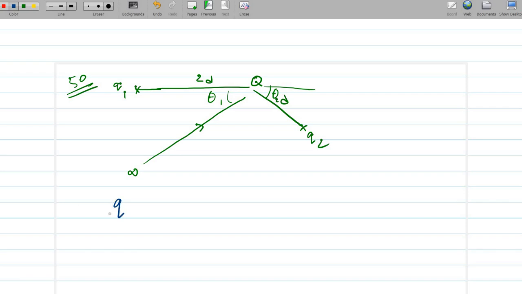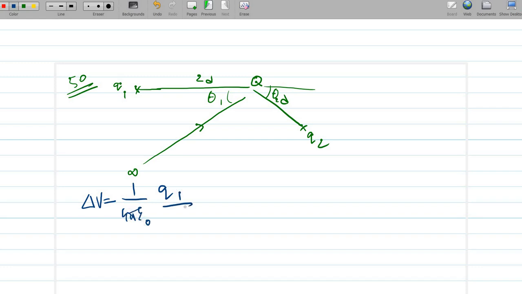Q1 in the presence, right? So delta V would be equal to Q1. Of course, we have 1 by 4 pi epsilon naught.